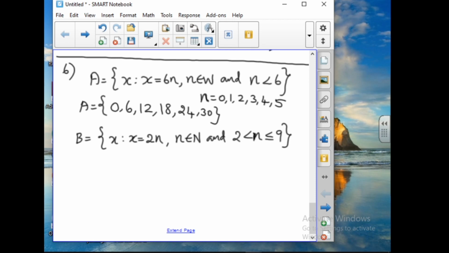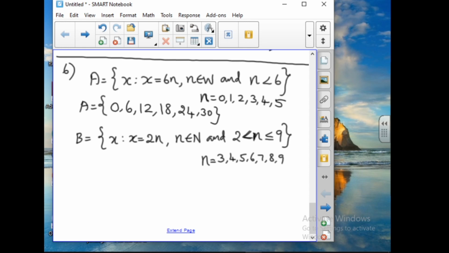So n belongs to natural numbers. Natural numbers start from 1, but the given condition is 2 less than n. So 2 is not included because only less than is given, not less than or equal to. So you can start from 3: 3, 4, 5, 6, 7, 8, 9. Because 9 is also included, less than or equal to.